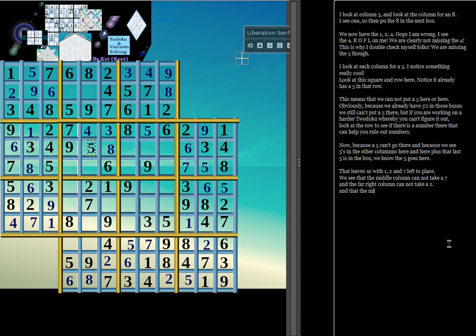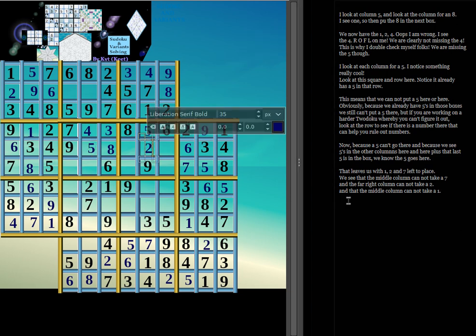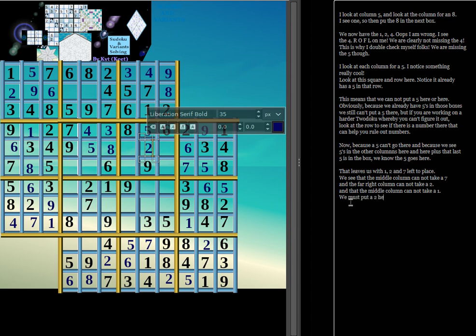And that the middle column cannot take a 1. We must put a 2 here as we are only missing a 1, 2, and a 7. We cannot tell where the 1 and 7 is placed yet, so we move on.